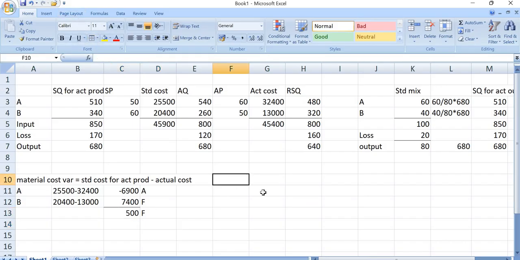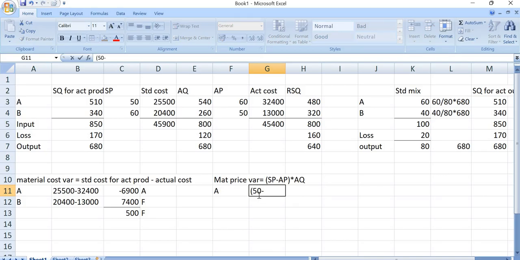So next let's move on to material price variance. Price variance, in the sense we need to calculate variance for price. So the formula will be standard price minus actual price into actual quantity. In this formula alone we will be using actual quantities. There is no other formula where we are using actual quantities. So for A, I am calculating standard price is 50, whereas we incurred 60 rupees, into my actual quantity, which is 540.